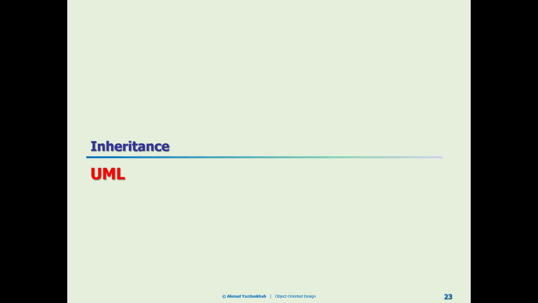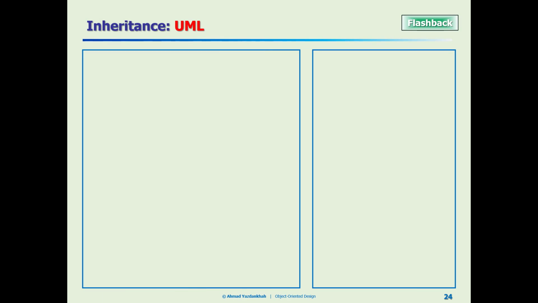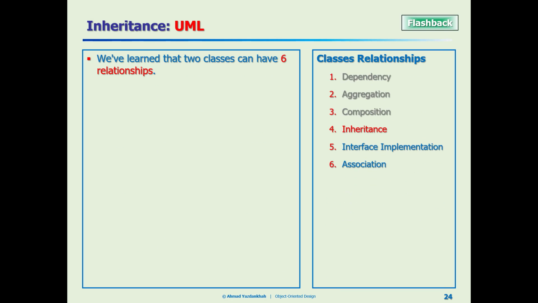All right. Now, before going further, let's see how we can represent this relationship with UML. So, yeah, we have a flashback. What we learned before, we learned that there are 6 relationships like this, right? And we have already covered these 3.